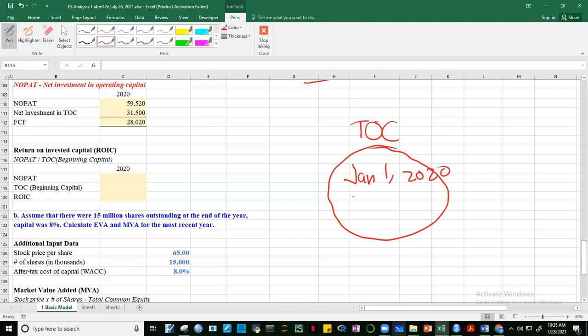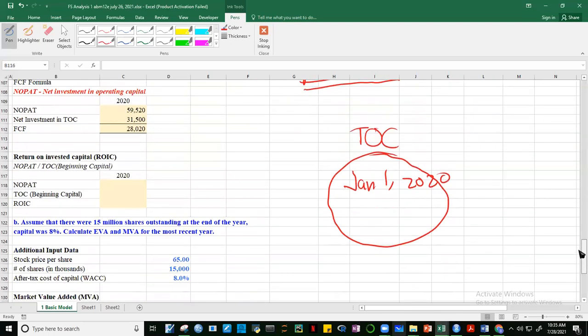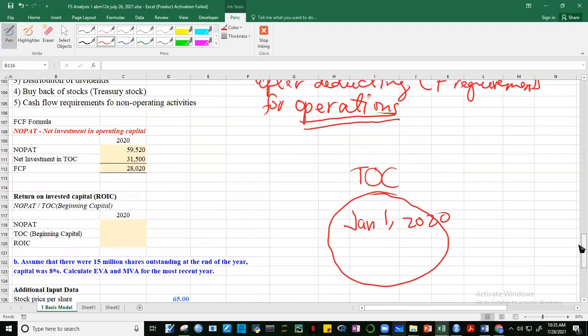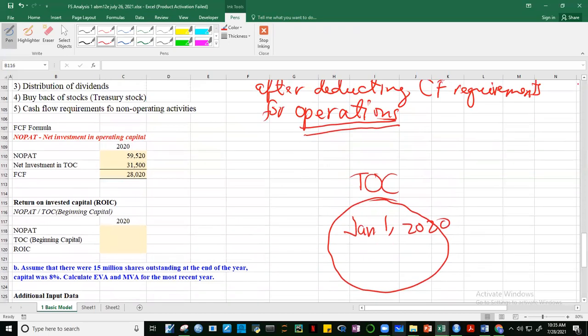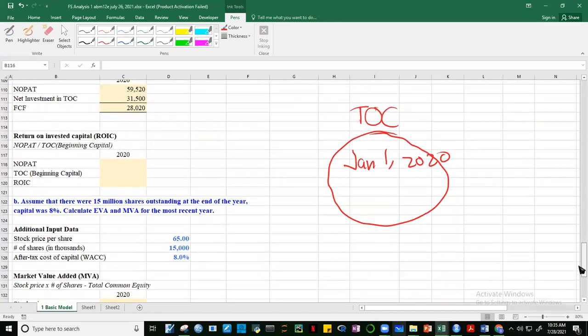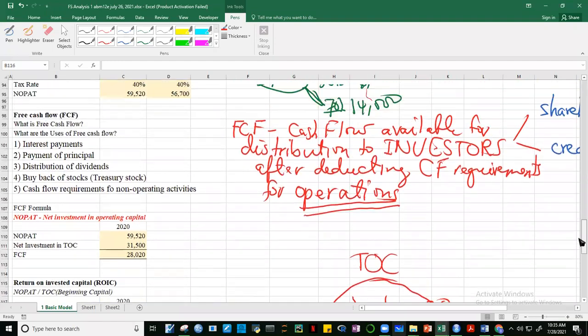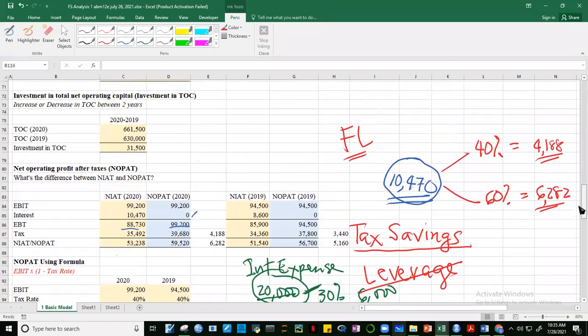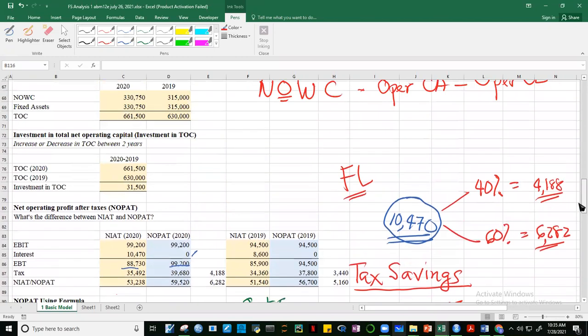How much operating capital was given to management? It's there, guys. We already got it earlier. How much operating capital was given to management at the beginning of the year?